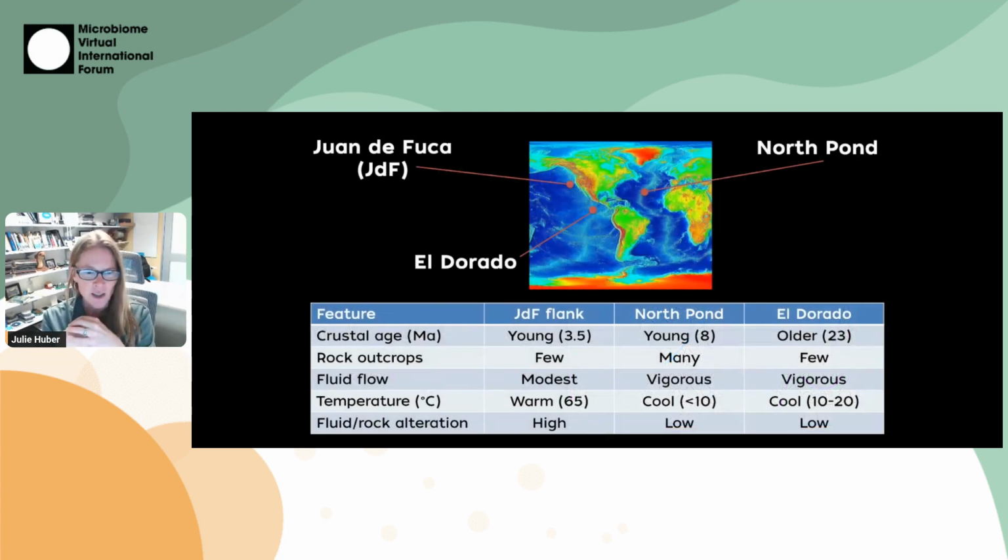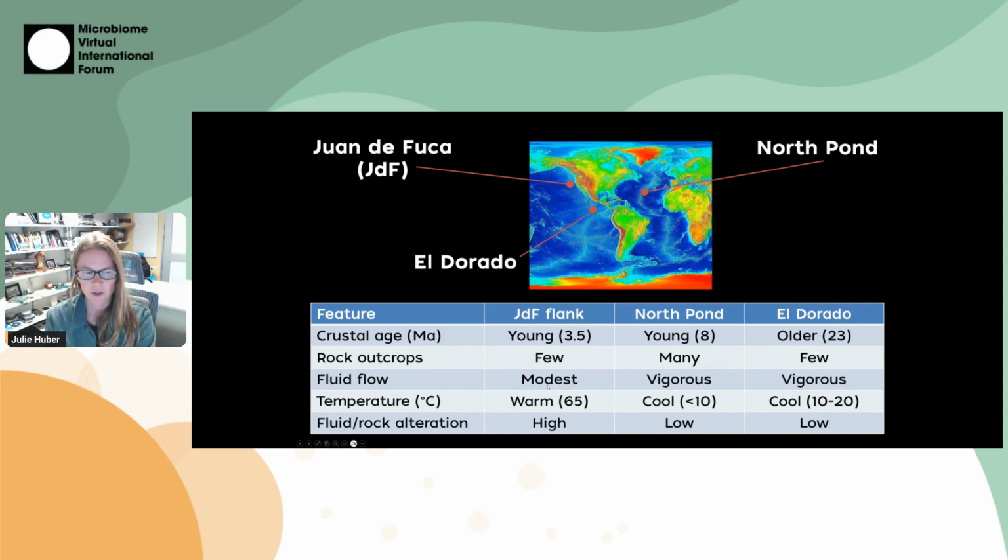I'll just mention that we have 3 sites, which are shown on the map above, where we have pretty good data. One is in Costa Rican waters. It's called the El Dorado system. One is off in Canadian waters called the Juan de Fuca system. And the other is in the middle of the Atlantic Ocean called the North Pond system. In the table below, you can see that they range from 3.5 to 23 million years old.